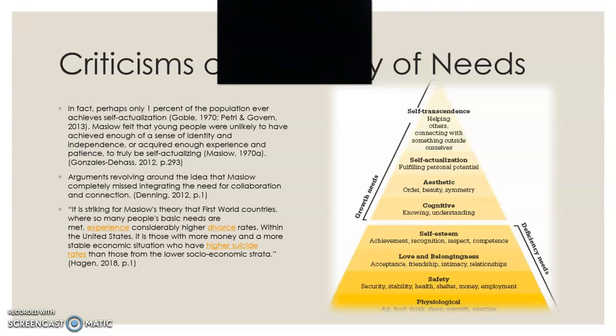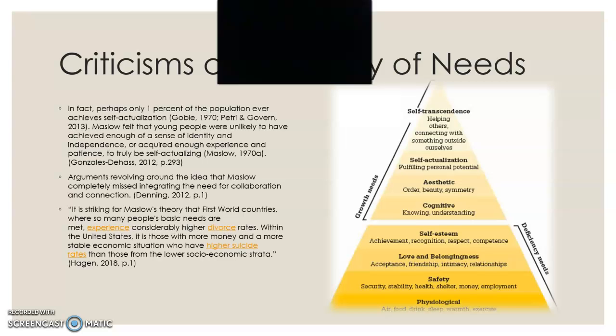And perhaps the most striking criticism, that I don't have a very good rebuttal for, I found from Hagen. The quote goes like this: "It's striking for Maslow's theory that first world countries, where so many people's basic needs are met, experience considerably higher divorce rates. Within the United States, it is those with more money and more stable economic situation who have higher suicide rates than those from the lower socioeconomical strata."